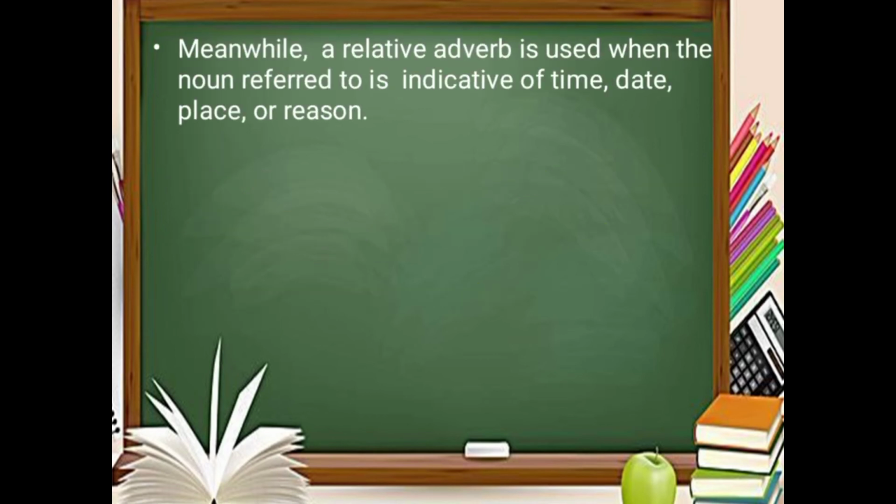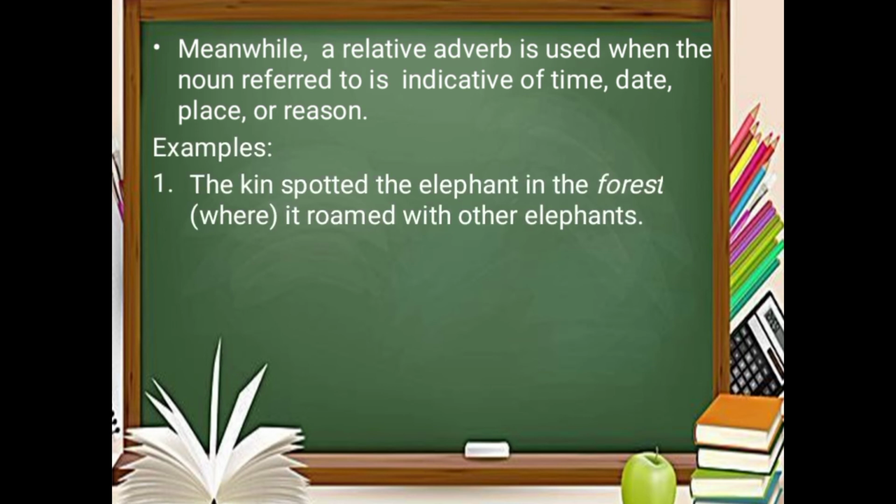Meanwhile, a relative adverb is used when the noun referred to is indicative of time, date, place, or reason. For example, the king spotted the elephant in the forest, where it roamed with the other elephants. Where it roamed with the other elephants is the adjective clause. It modifies the noun forest.